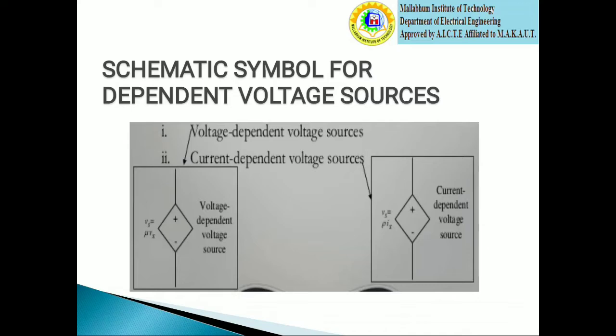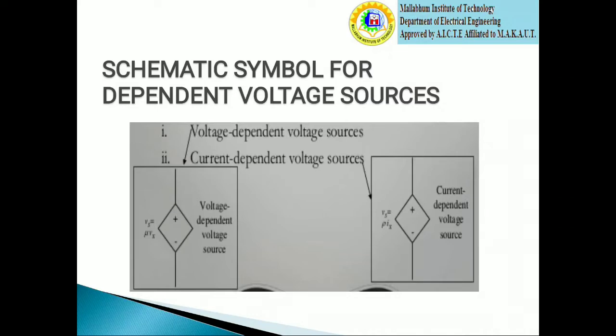These are the schematic symbols for dependent voltage sources. The first one represents the voltage dependent voltage source, expressed by Vs = mu times Vx. This Vx is a variable quantity, that is why it is voltage dependent.